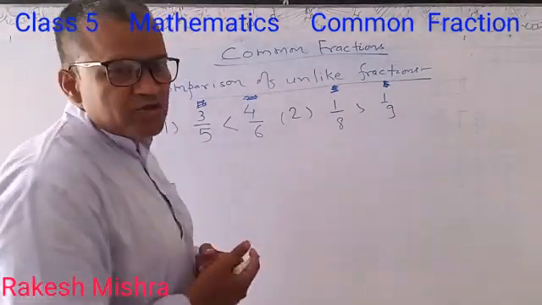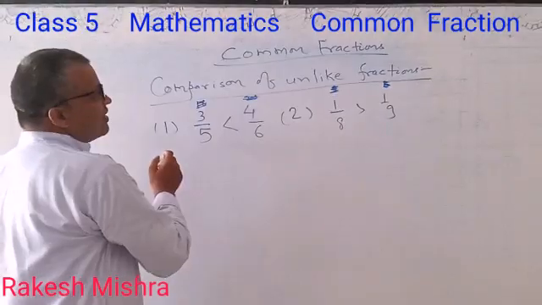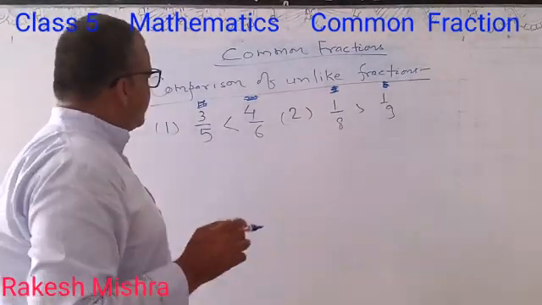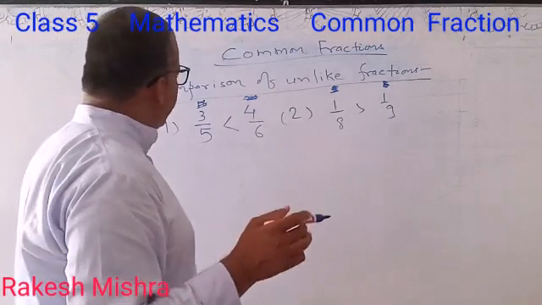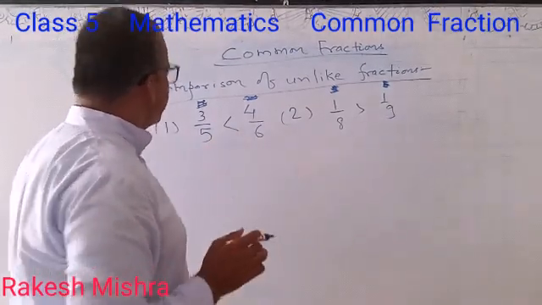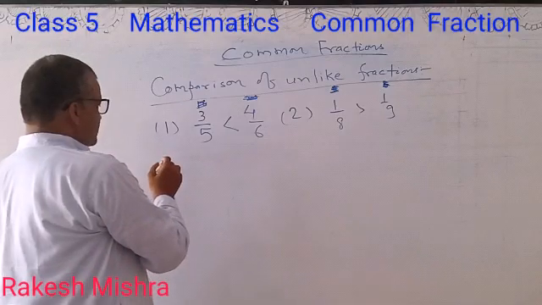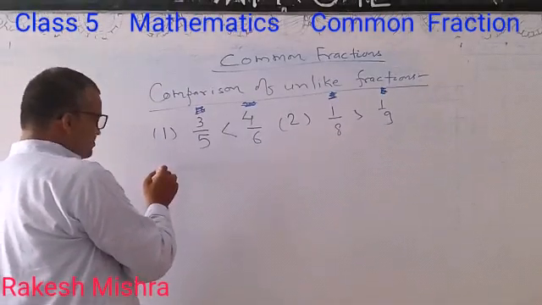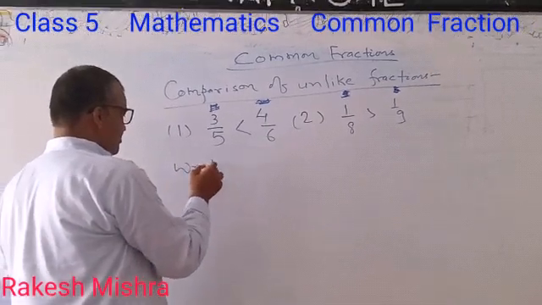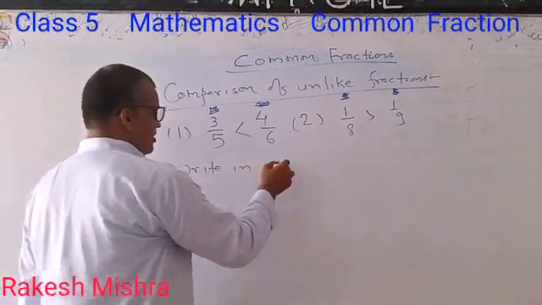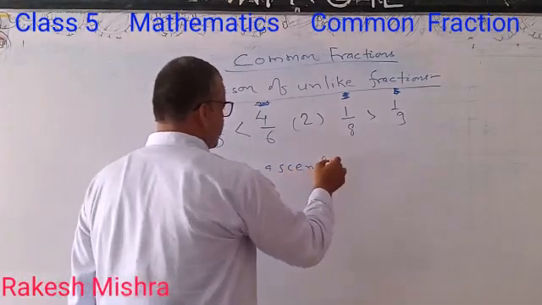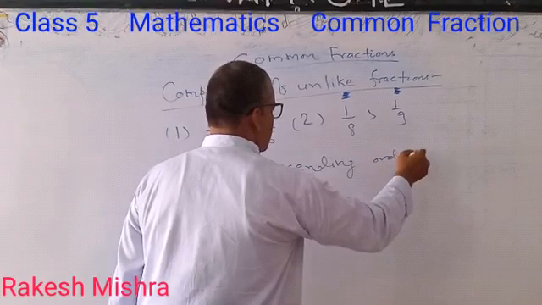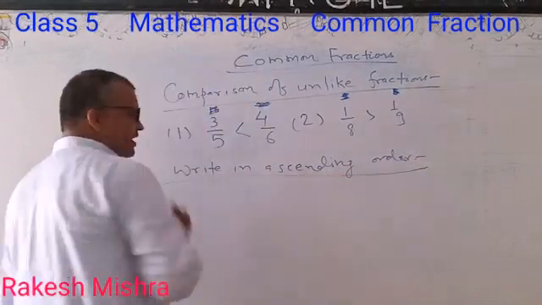Now I want to compare unlike fractions when more than 2 fractions are given. Suppose we have to write in ascending order.